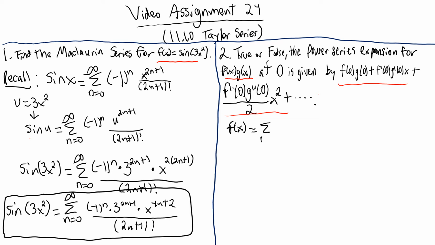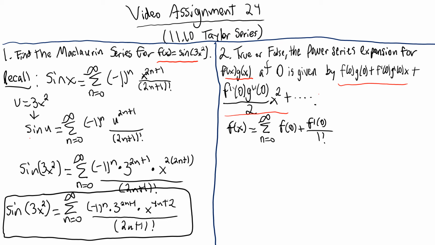equals the sum of n equals 0 to infinity of f of 0, because when you plug in 0 into your function, you're going to get whatever answer that is. And then you would add the first derivative of 0 over 1 factorial times x, and then keep going on with the pattern.